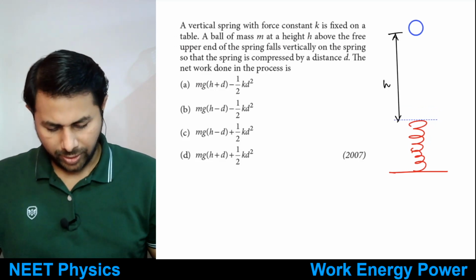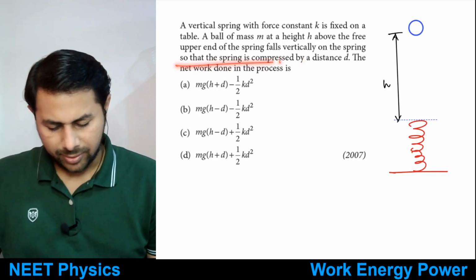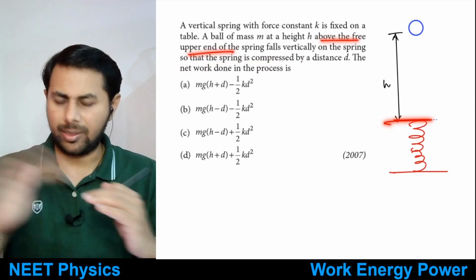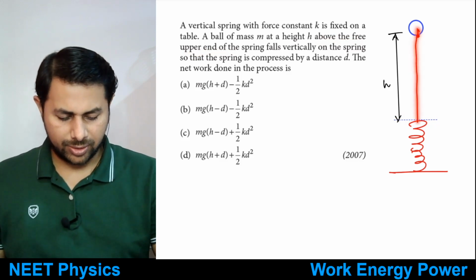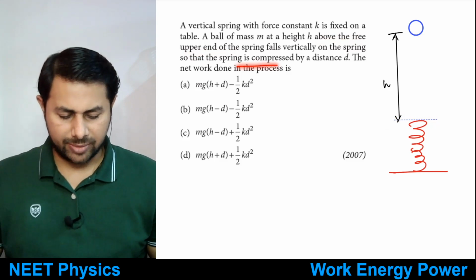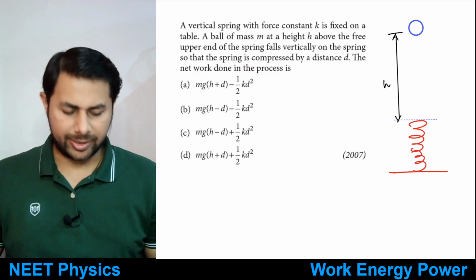Okay, so h above the free upper end of the spring, the ball falls vertically on the spring so that the spring is compressed by distance d. So the ball falls and the spring gets compressed.